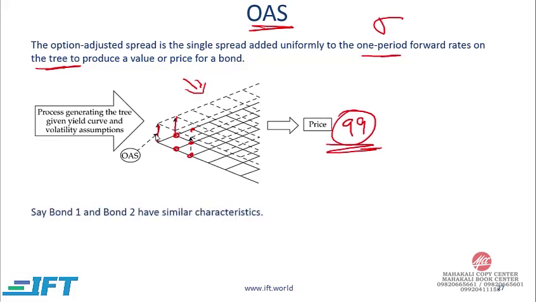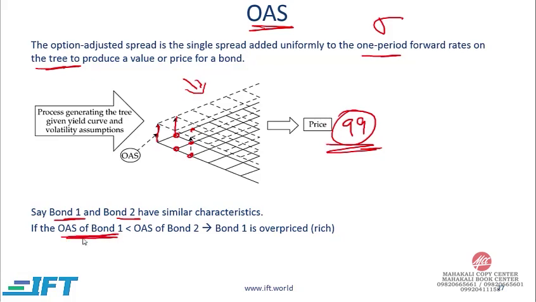Now how can this be used? Let's say that you have two bonds, bond 1 and bond 2. They have similar credit characteristics in the sense that you believe that the credit risk is really the same for both. But when you calculate the OAS for bond 1, that option adjusted spread is less than the option adjusted spread for bond 2.